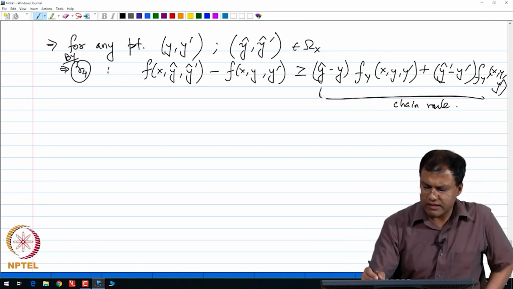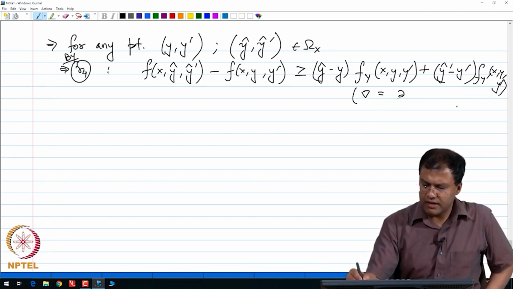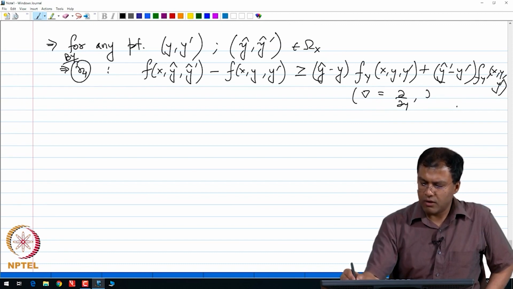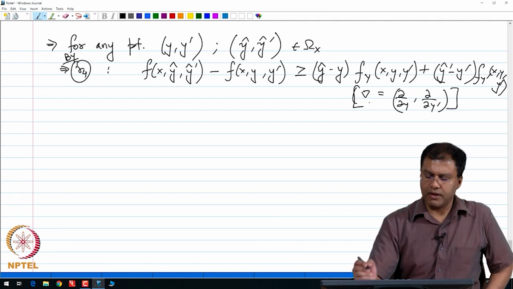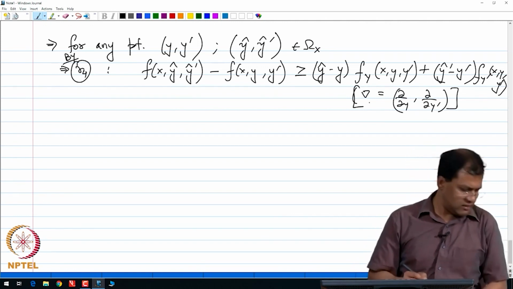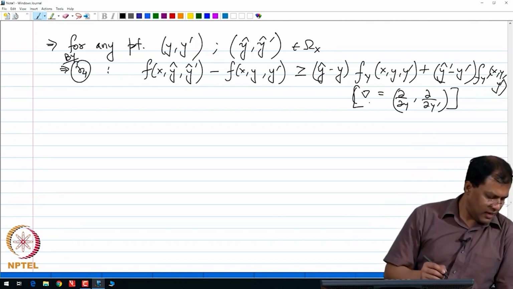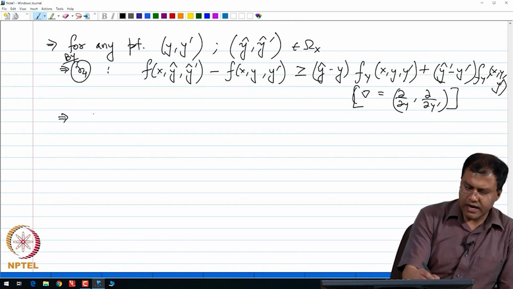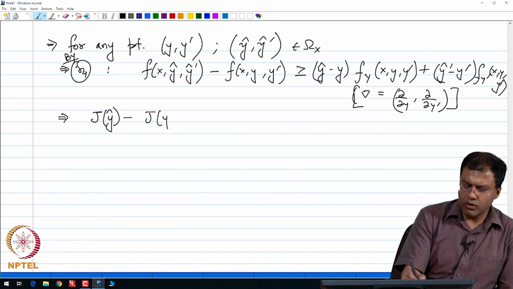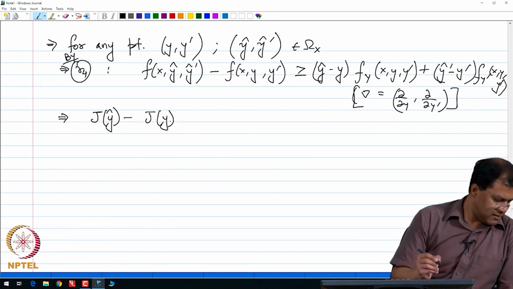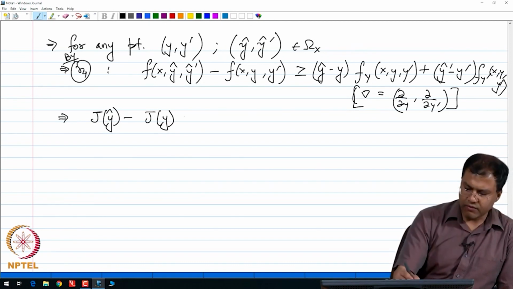Well, essentially my gradient is the derivative with respect to y, the derivative with respect to y prime. So that is my 2 dimensional gradient operator. So that is how we are getting this result, and from here, which means that my difference of the perturbed functional minus the original functional is the following.